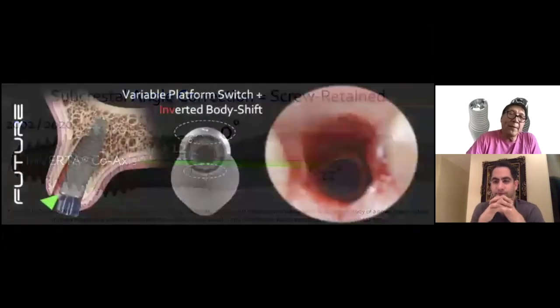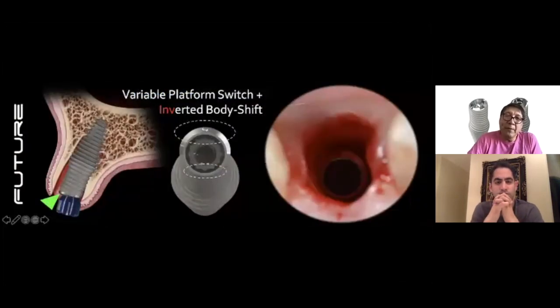There is another benefit of this inverted body shift coaxial design. Because of the coaxial, it's bringing the head of the implant more to the palate, and therefore it has something called a variable platform switch, which means that the buccal has a greater amount of platform switching than the palate.